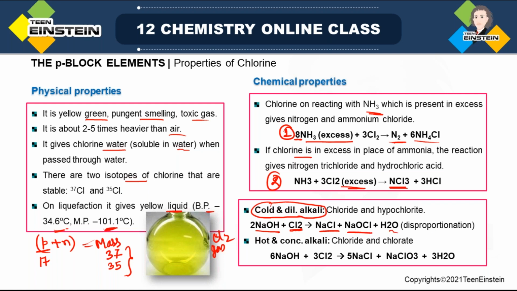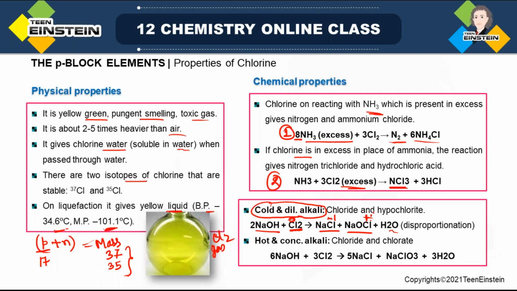Now this is also a disproportionation reaction. Why is it so? Because before reaction, chlorine has oxidation state 0, but after reaction, NaCl is produced where chlorine has -1 oxidation state, and in NaOCl the oxidation state of chlorine is +1.